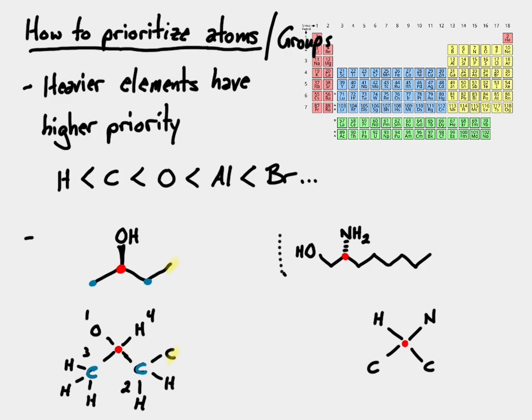So far, as stated, it is not stereogenic because there are 2 of the same group. So we're going to have to move one further ring to see what those carbon atoms are bound to. Again, the 1 and the 4 are easy, but now let's differentiate between these 2 carbon atoms. In one case, you have an oxygen atom, in the other case, you have a carbon atom. Oxygen has a higher priority than carbon, and therefore the number 2 is on the left, and the number 3 is on the right.